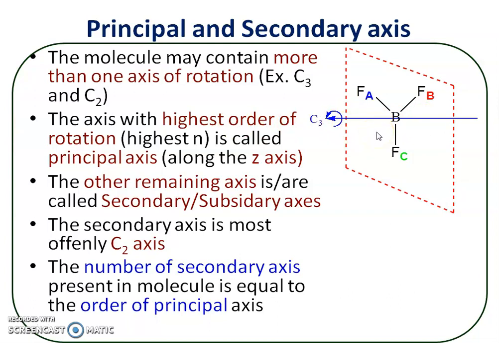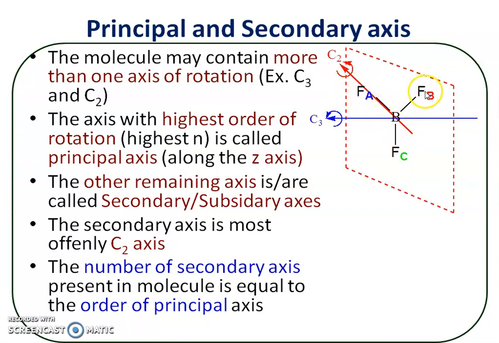Now in this molecule, in addition to this C3, one more axis is there. Now imagine this axis, which is passing through one boron and one fluorine, that is Fa. Now when the molecule is rotated along this axis through angle 180 degree, Fb will exchange with Fc, whereas the positions of boron and Fa will remain the same because these are lying along this axis.